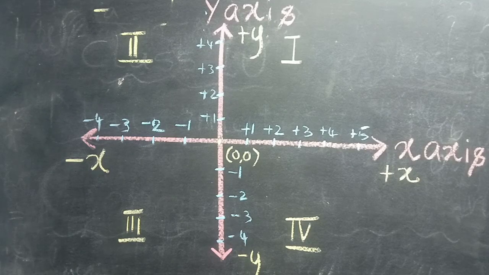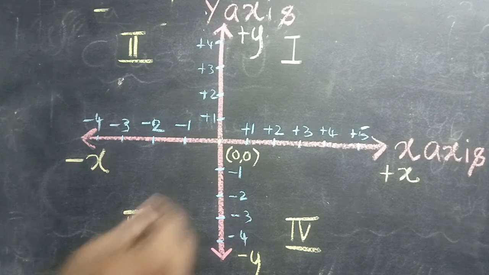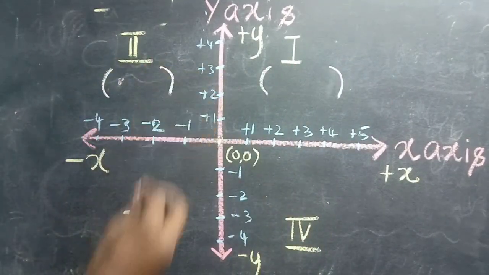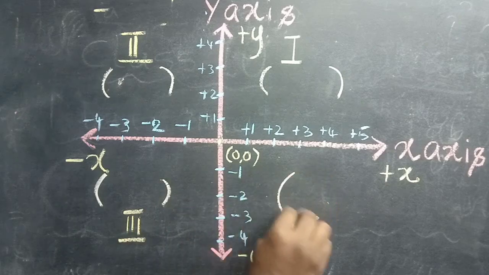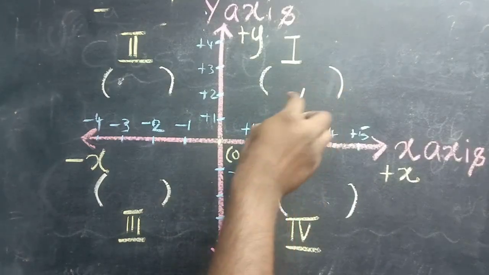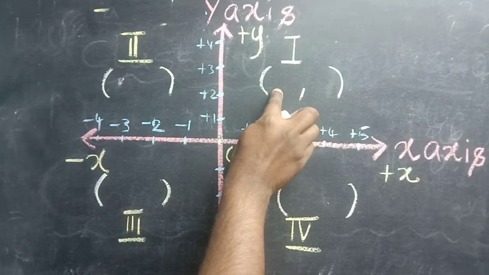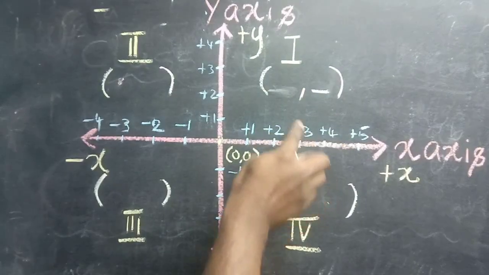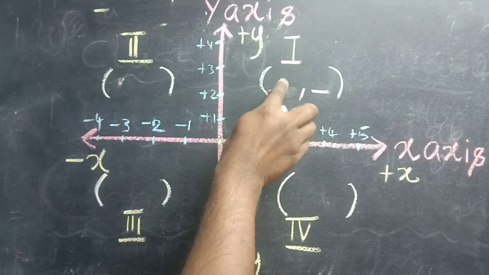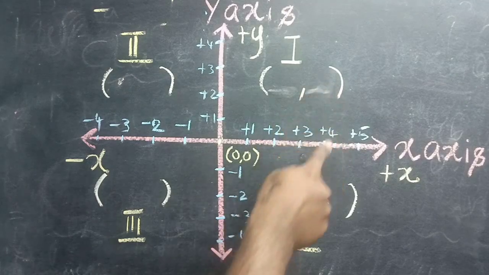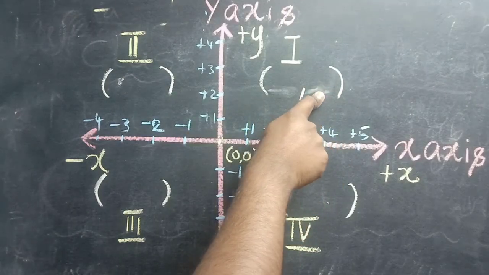Now students, if we observe, the first quadrant has signs. In the same way the second, third and fourth quadrants have signs, that is, two signs. The first sign indicates the x-axis, then the next indicates the y-axis.